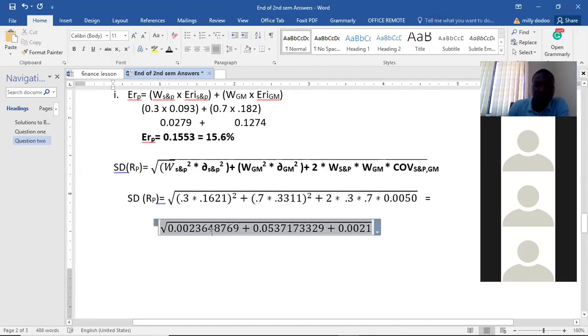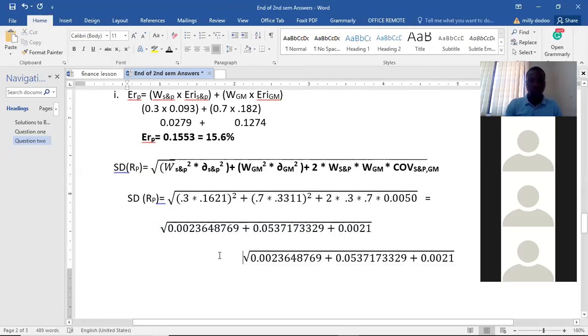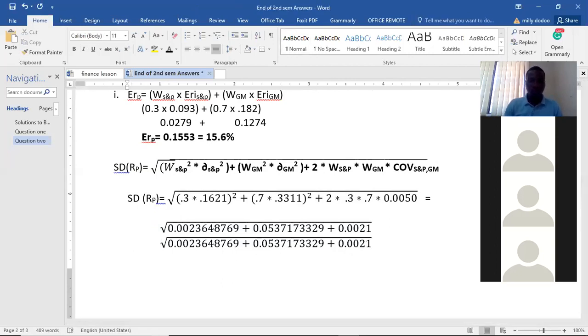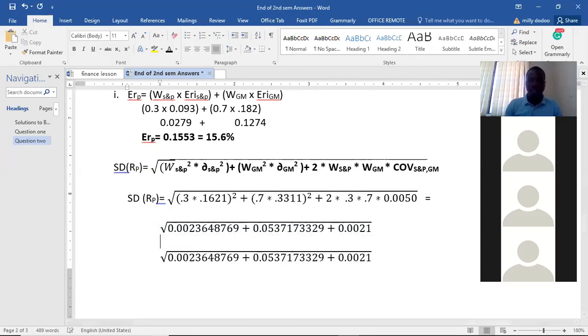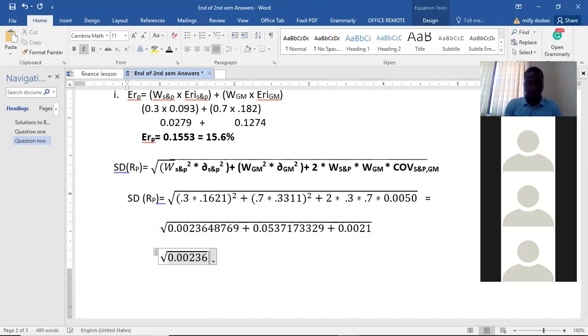So now, in the next step, you are going to add all these things in the roots. So add everything under the square root. When you add all these ones, how much are you getting? 0.002364 and everything.